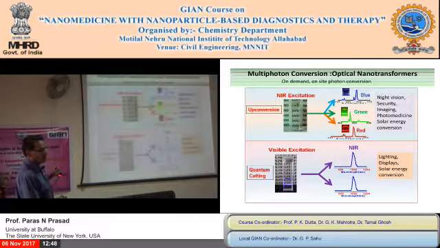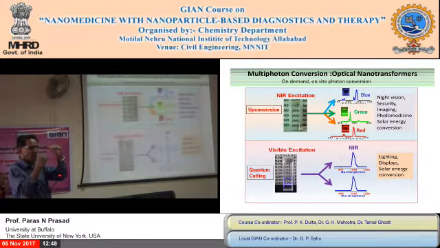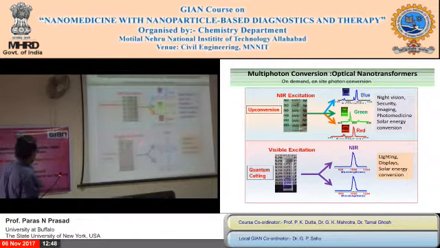Actually, you can convert all the way into UV, not by 2 photons, but it can climb up by 1, another, 3, 4 photon climb up also. Okay. There is another process we are investigating also, called quantum cutting, where it's a reverse process.